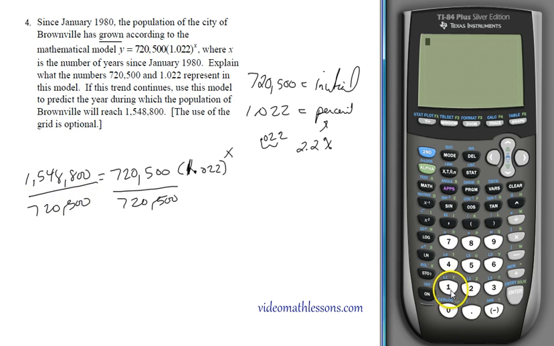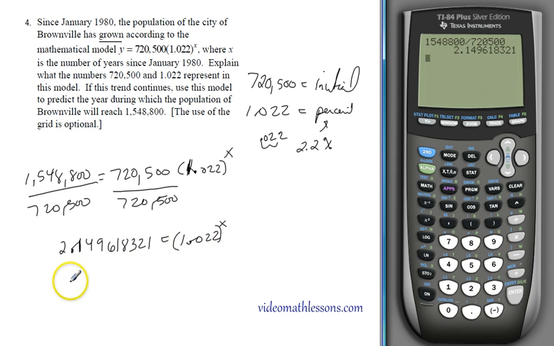And after we do this, I think our numbers are going to become a little more manageable. So 1,548,800 divide by 720,500. Hit enter, and we get 2.149. It's a little bit better to work with. 2.149 equals 1.022 to the x power.